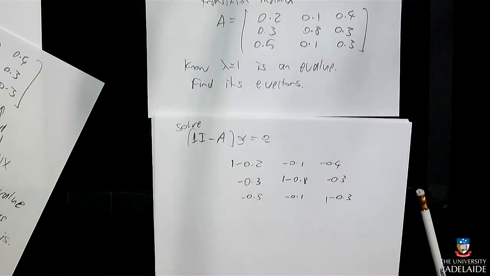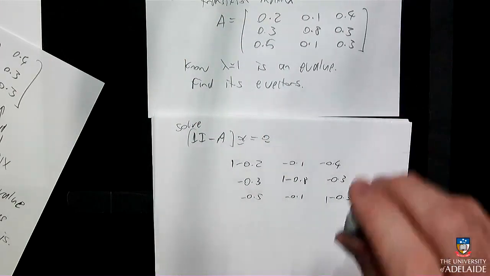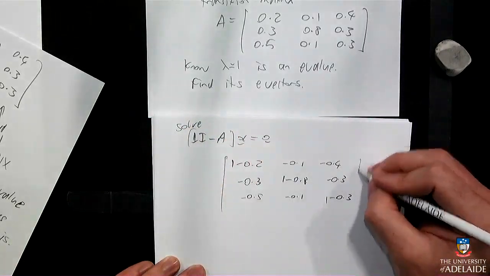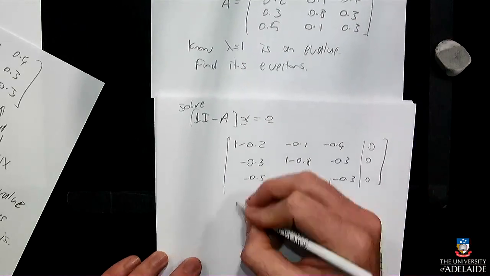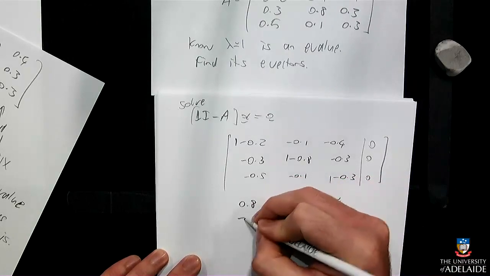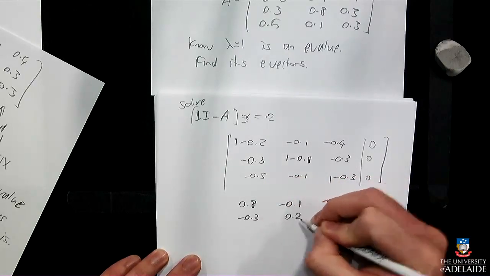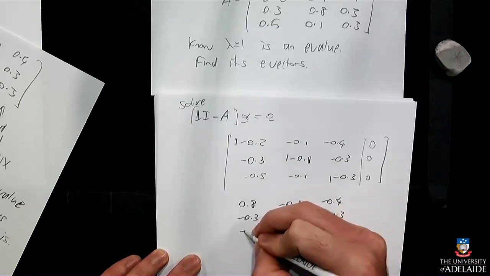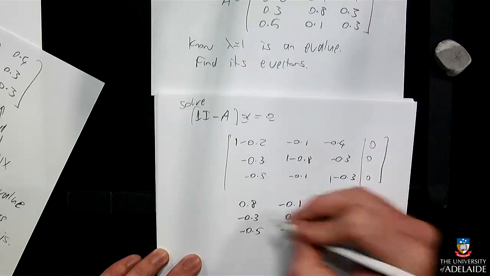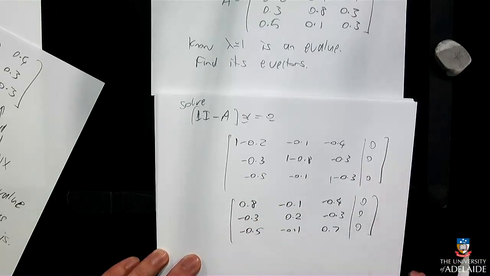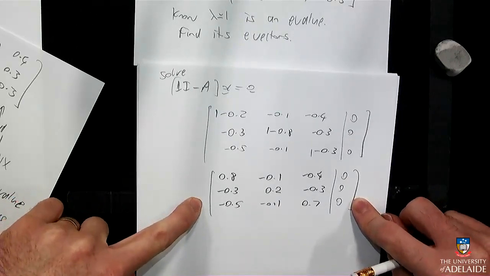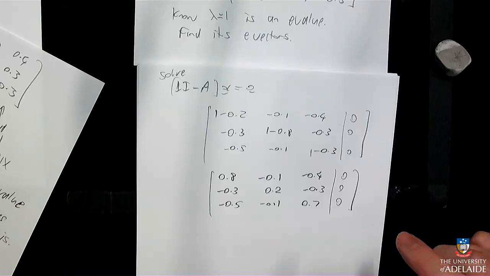So if I'm very clever, and I was paying very close attention when I was doing this, I could go straight to writing this next one. So normally I wouldn't write both of these, I'd just skip straight to this one. Okay, so you are allowed to go straight to here if you can have the presence of mind to do so. Okay, I need to row reduce this.